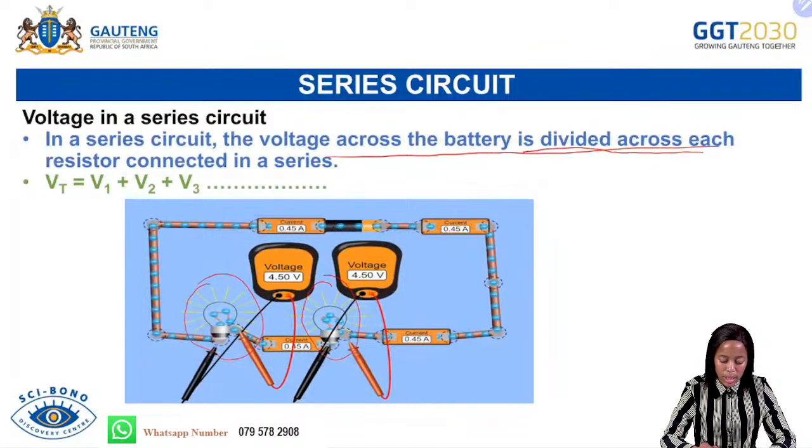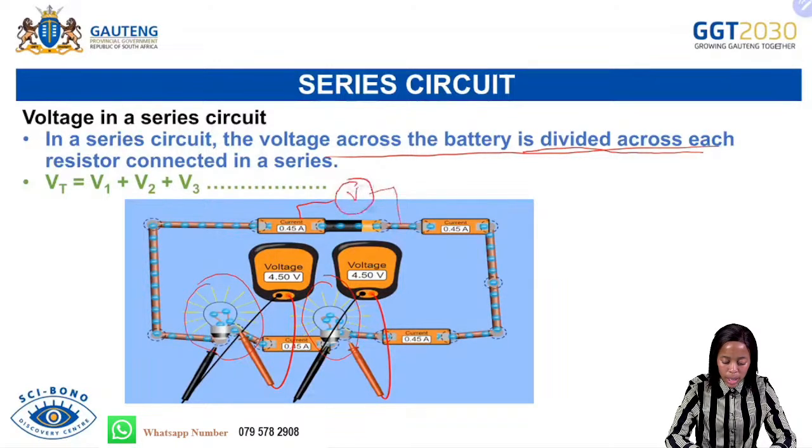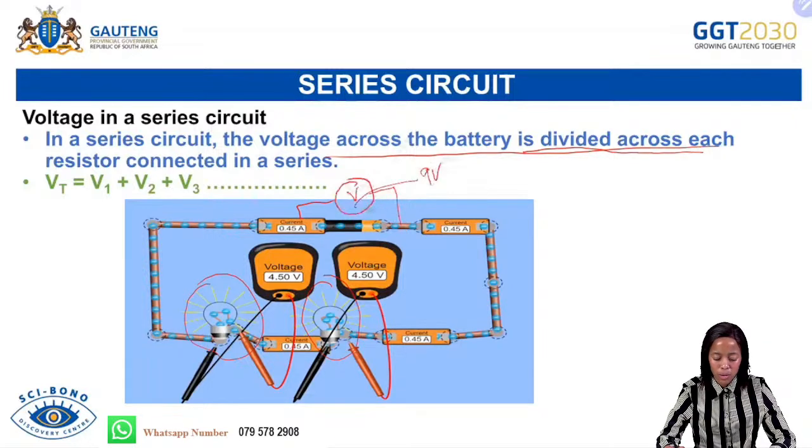If we had a voltmeter there, it would be reading a total of 9 volts. Where would the 9 volts be coming from? It would be coming from the 4,50 and the 4,50.